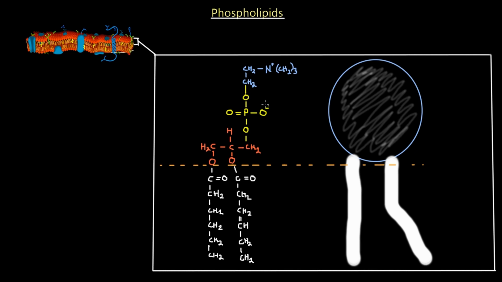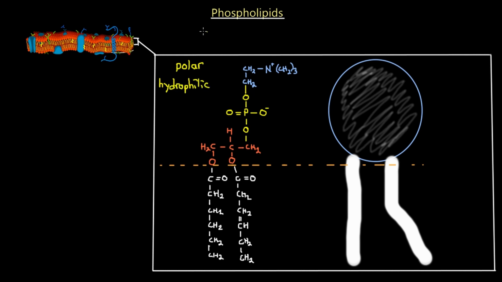Now, because of these charged molecules like the phosphate and the nitrogen here that is charged, or any alcohols that would be linked to here, this makes the head a polar molecule. This is the polar side of the molecule, making it hydrophilic.